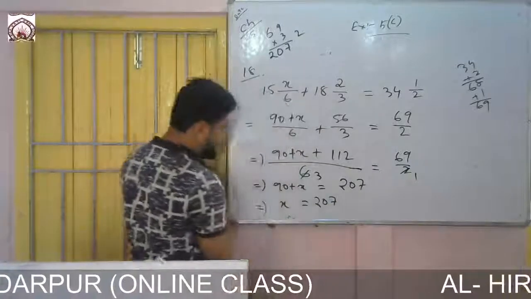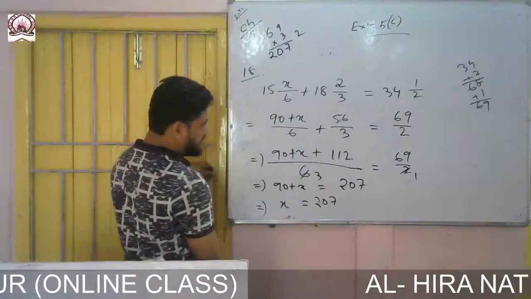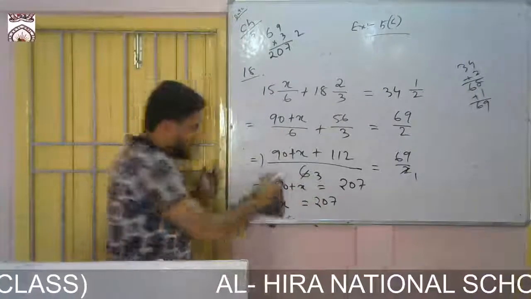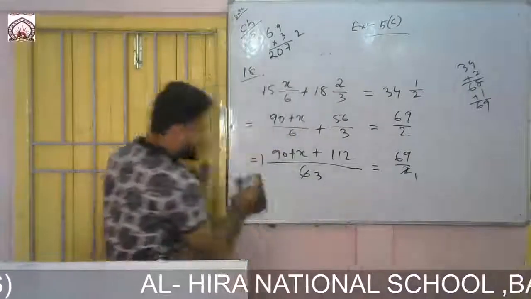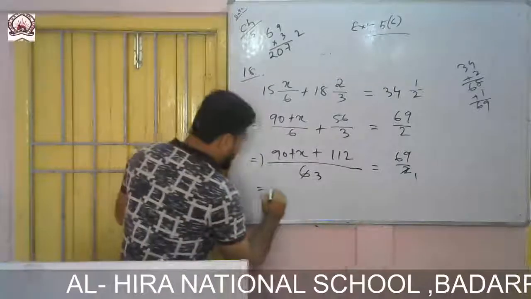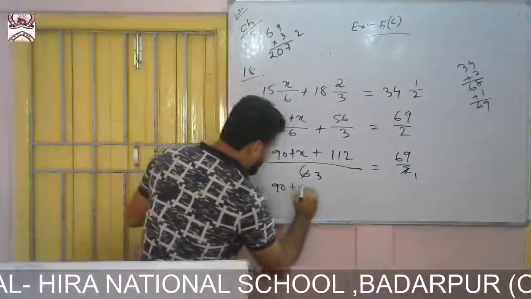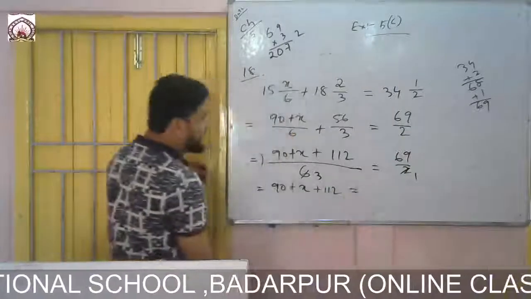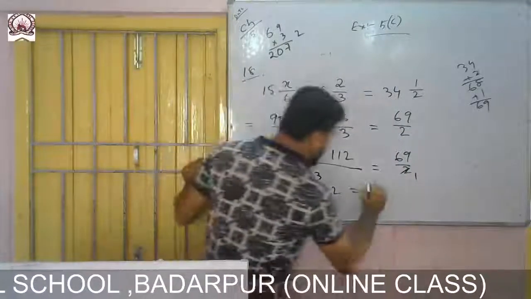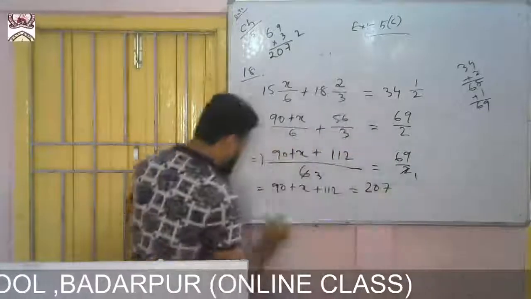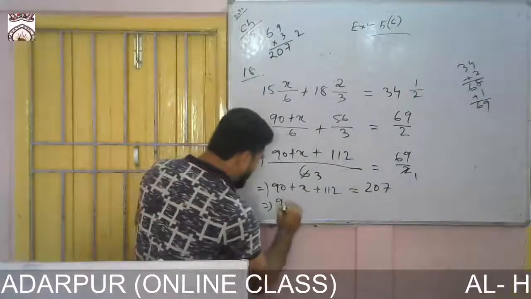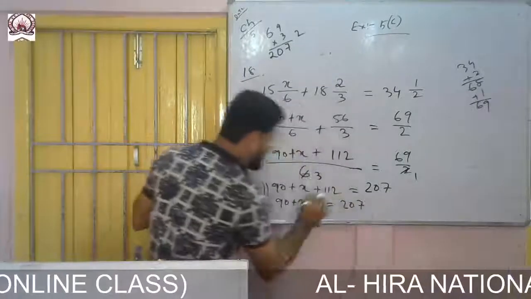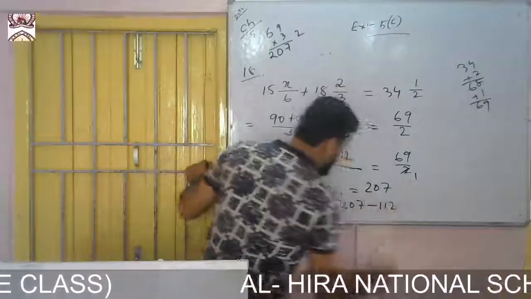207. Yes, here wait, here one thing wrong. For 90 plus x plus 112, so here we got 207. Now 90 plus x equals to 207 minus 112.